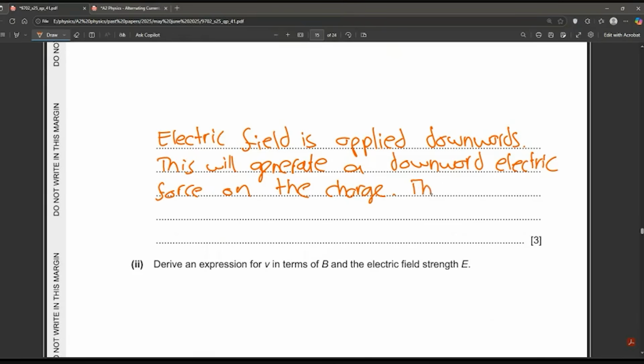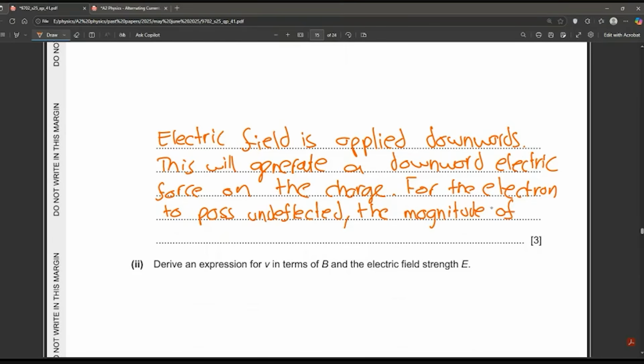This downward force, or you can say, for the electron to pass undeflected, the magnitude of electric force and magnetic force should be same.